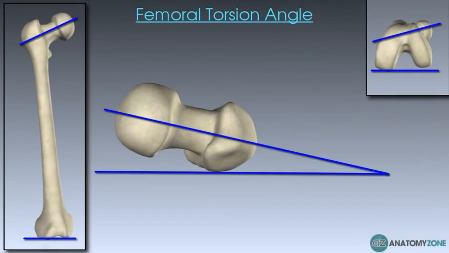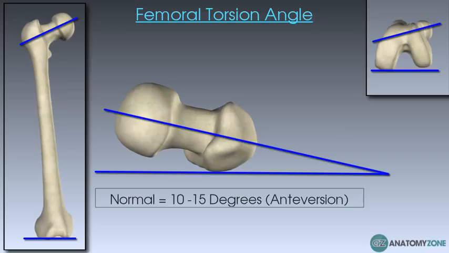So the middle picture is looking top down on the femur, and it's just easier to see what we're referring to. So the normal femur has an angle of torsion of between 10 and 15 degrees anteversion. So anteversion just means leaning forwards, and in this context it means the femoral neck is leaning forwards in the normal person between 10 and 15 degrees.